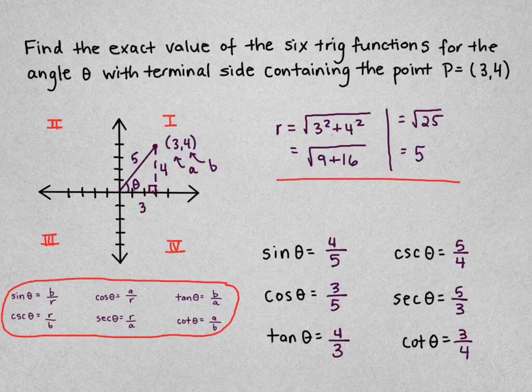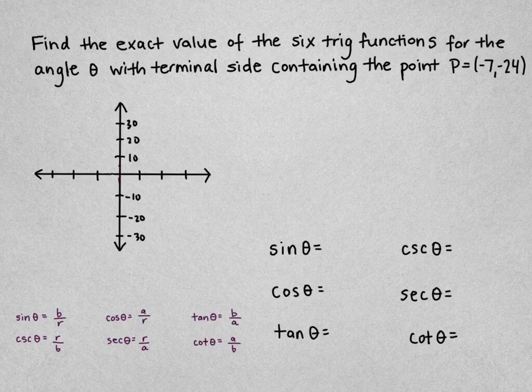So last example, now we have an angle theta whose terminal side contains the point (-7, -24). So let's plot this point. -7 would be right here, and then we go to -24 right here, and then we plot a point.